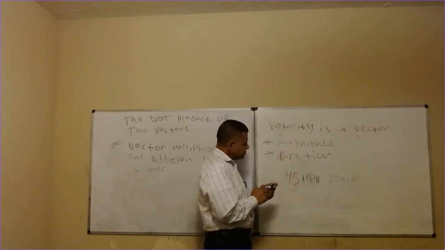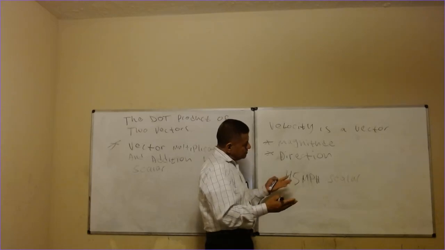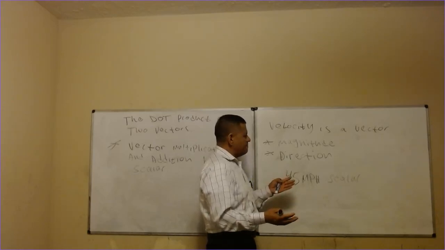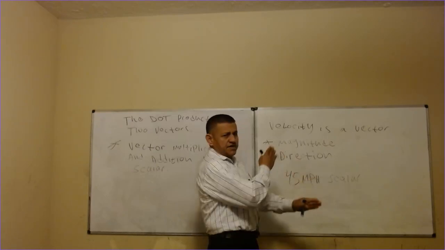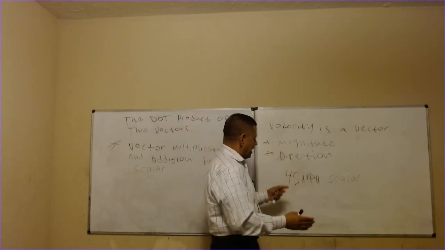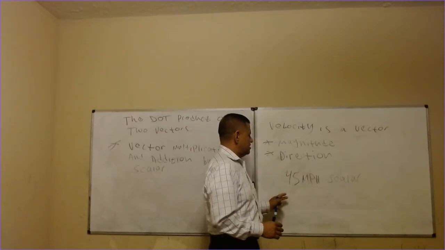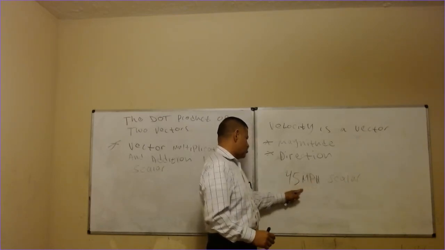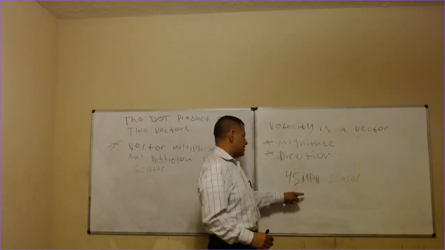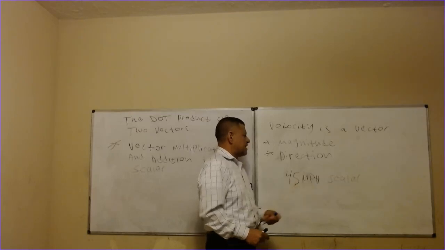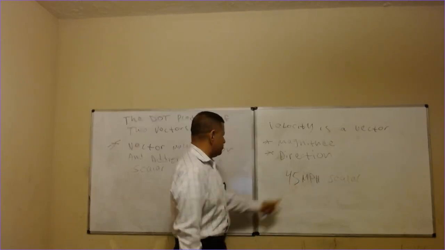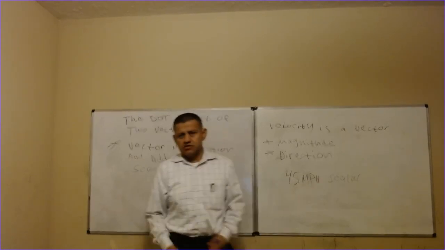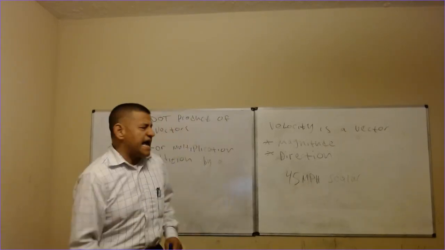Or I can say 45 miles per hour at this many degrees. As long as I have a direction, this will be considered a vector, but in this case, it's a scalar. So the number that we will get when we do this problem is going to be just a number. It will not have an angle.